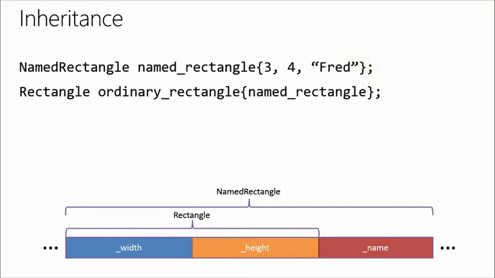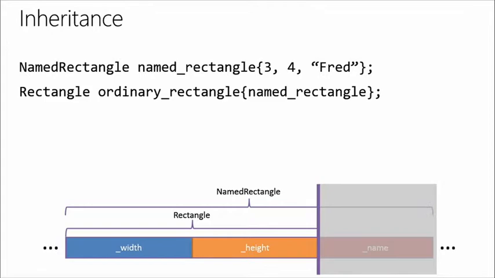But there's no room in that ordinary rectangle object to store the name. As we can see here in the picture, there's only room to store a width and a height. So what happens is the object gets sliced. Basically, the pieces that don't fit, we end up throwing them away. We can't store that.